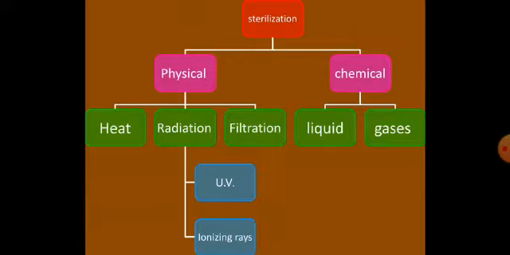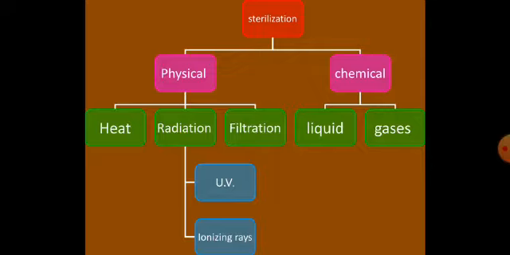Now we are going to talk about the methods of sterilization, but this part will be discussed in detail in the practical section, and so we can take it shortly. Physical and chemical methods. Physical methods including heat, radiation, filtration, and chemical methods including liquids and gases.